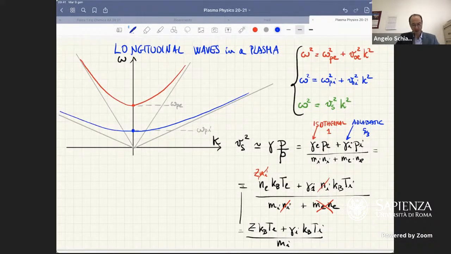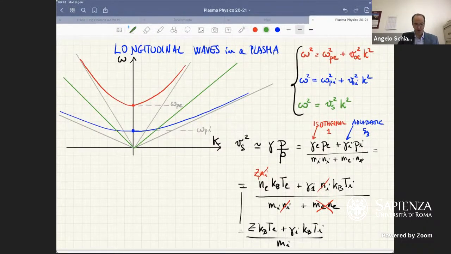Okay. And finally, we have our third curve, which is going to be green. And you see this is a constant slope curve. So it's non-dispersive. We start from 0 and we'll draw it as a straight line coming out of the origin of the plot.